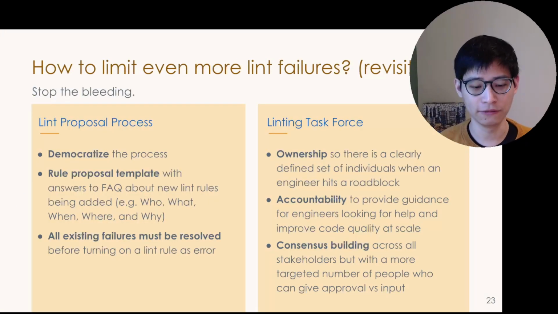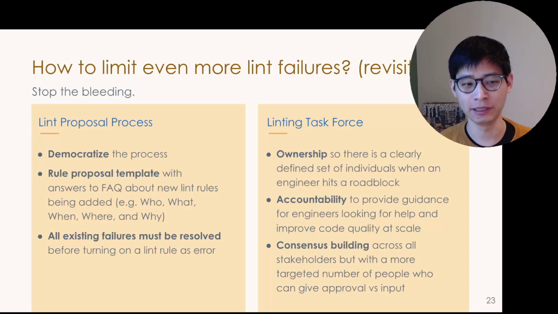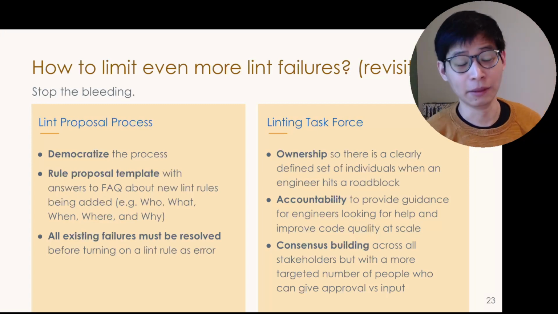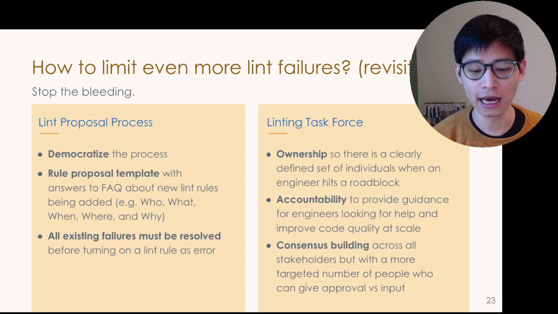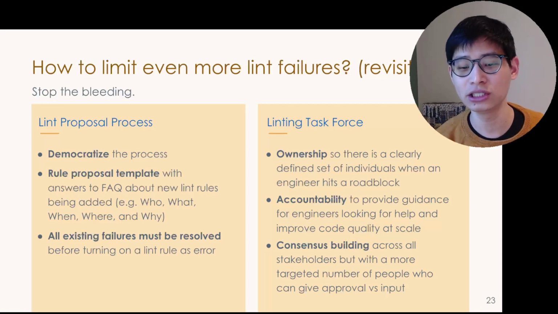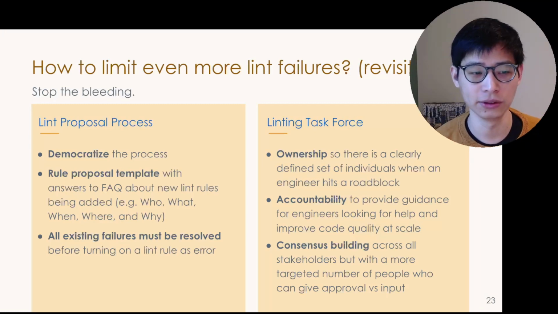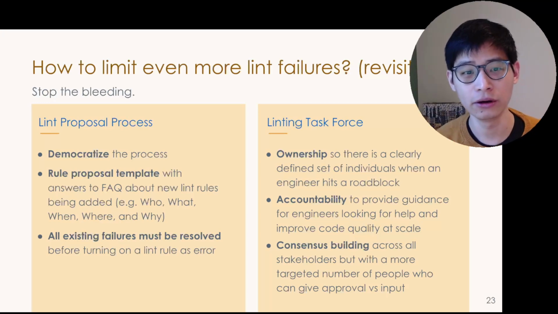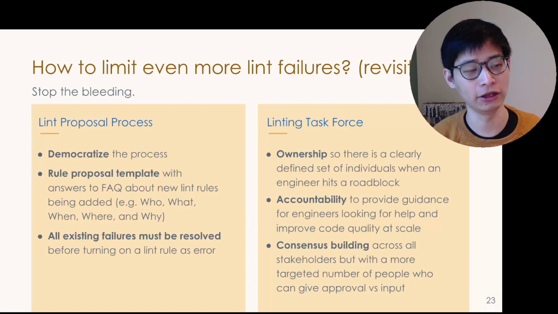So the first thing we did was stopping the bleeding, right? We instituted a lint proposal system which democratized the process, which means anyone can propose a lint rule or a change to an existing lint rule. However, we wanted some ownership around this, so there was also a task force who reviewed these proposals and basically gave it a yes or no. This way, there's some accountability.